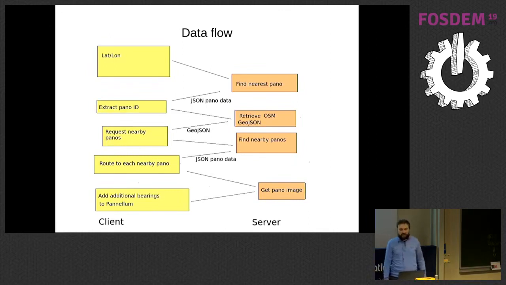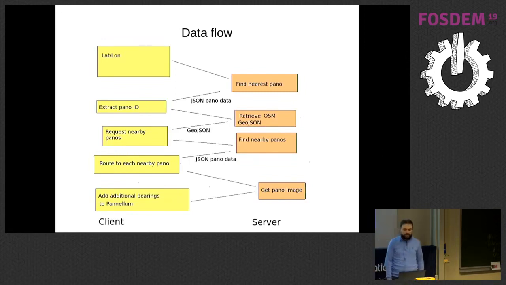So we start by having a latitude and longitude. On the server side, we then find the nearest panorama to that lat and lon. The server then sends back some JSON containing the details of the nearest panorama: its ID, its lat, its lon, and its heading bearing.